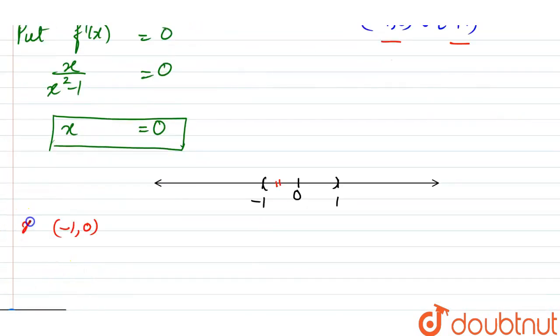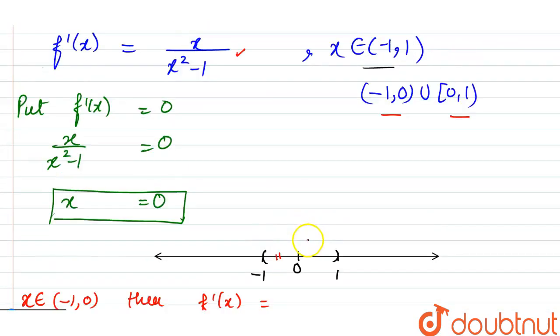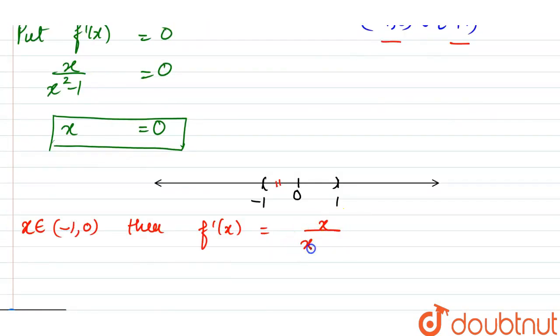So when x belongs to this interval, then f dash x, which is x upon x square minus 1, will be greater than 0. If we put minus 1 by 2, then this value will become minus 1 by 2, and this will be square of 1 by 2, that will make it 1 by 4 minus 1, that is the denominator will have a negative value. So negative and negative will cancel out, that means we will have f dash x positive.